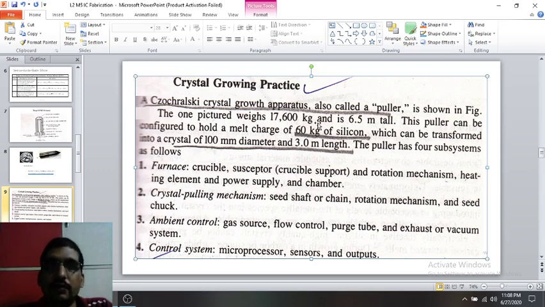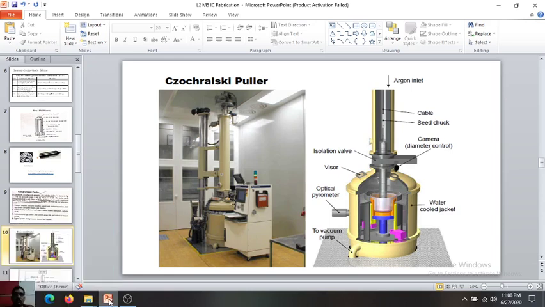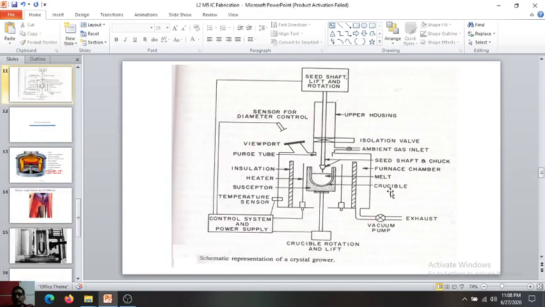It has four main parts, and let's see those parts with the help of this diagram. So this is basically the Czochralski puller machine. We see the major parts mentioned in this diagram. Let us see this in another diagram.